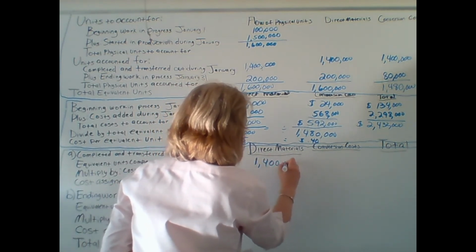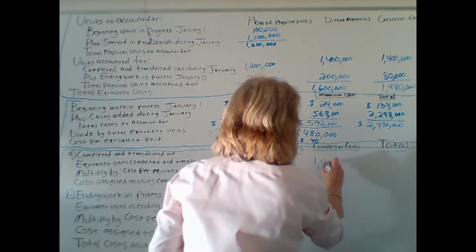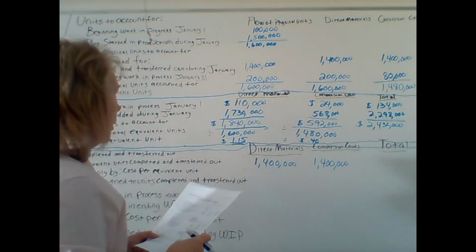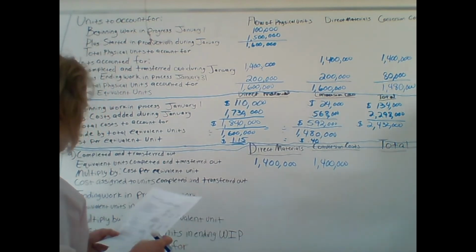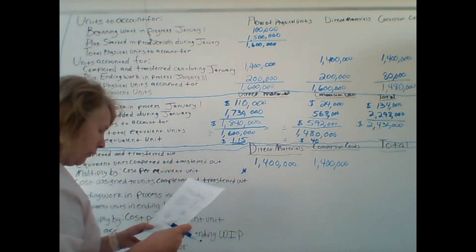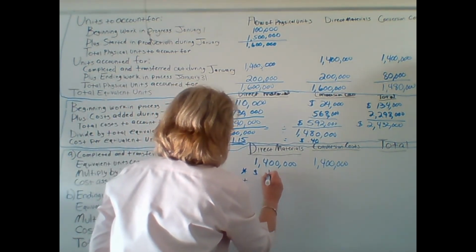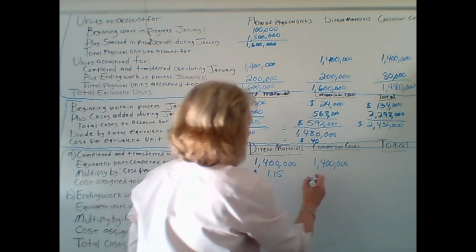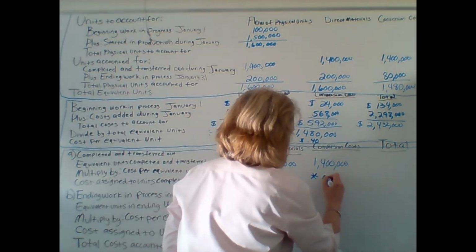1,400,000 and 1,400,000. Okay? All right. That is not a dollar figure, right? All right, so now I'm going to multiply this by the cost per equivalent unit. So the direct materials is 1.15. The conversion costs are 0.40.